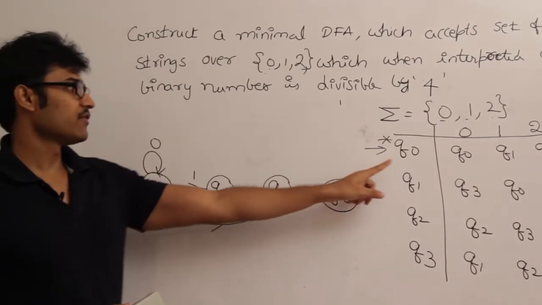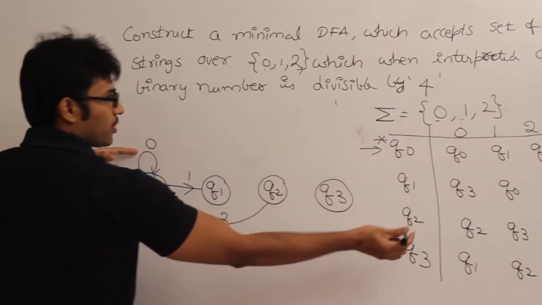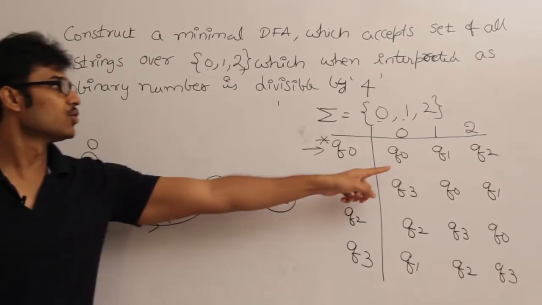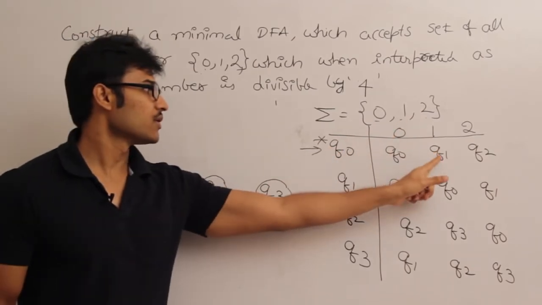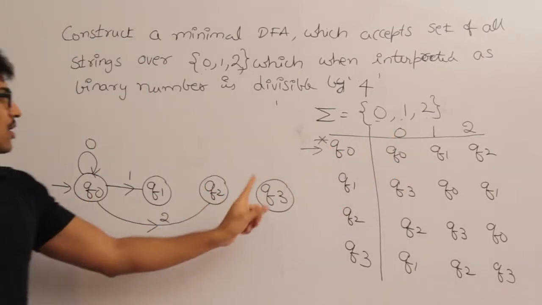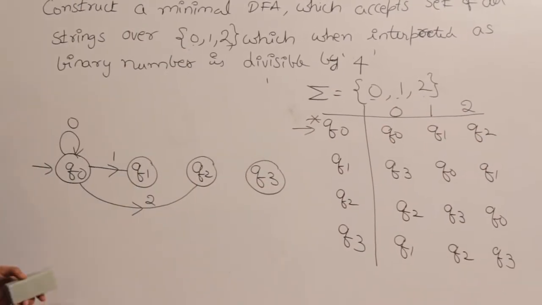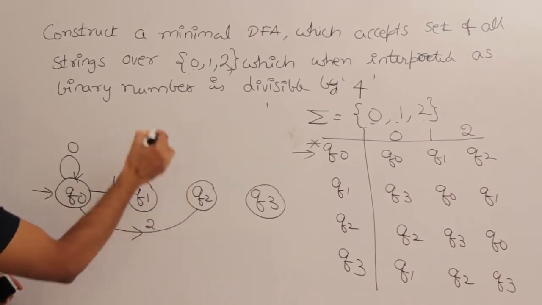Now you just cross verify here. Q0 on 0 goes to Q0, Q0 on 1 goes to Q1, and Q0 on 2 goes to Q2. Now let us take Q1. How did I reach Q1? On seeing 1.